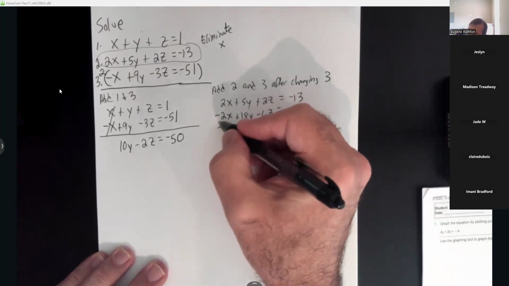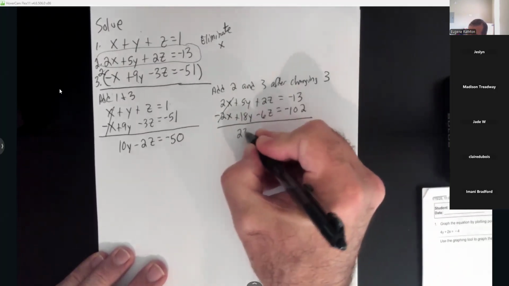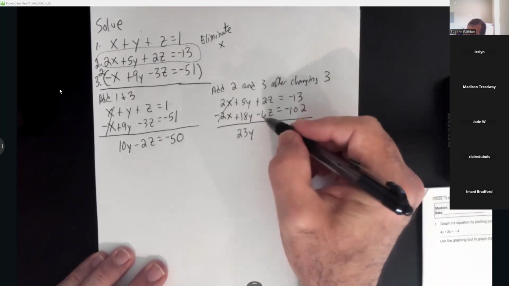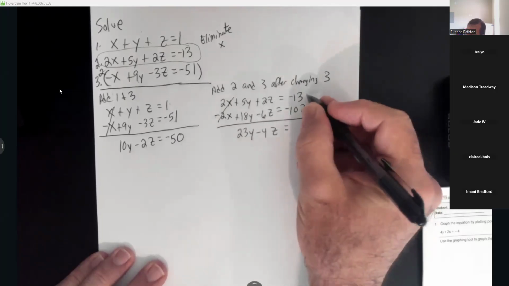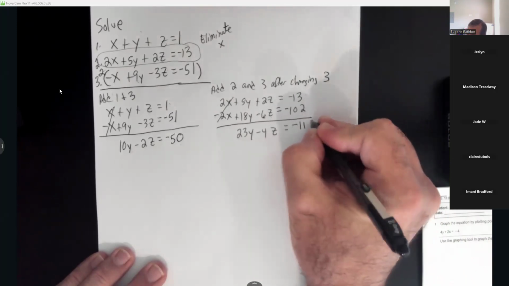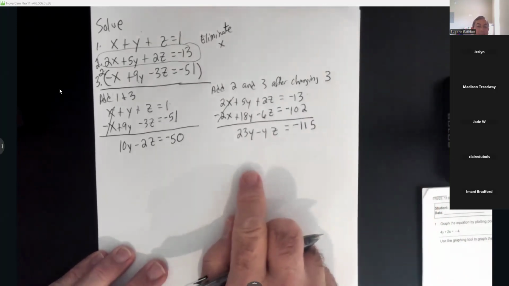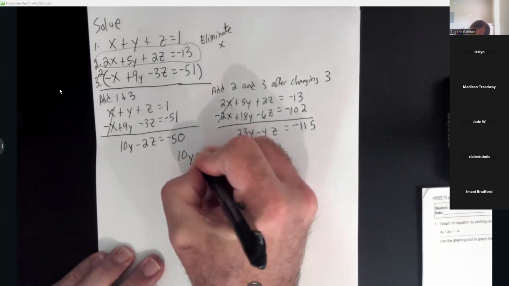Because y'all look here, the x's cancel again. 5 and 18 give me 23y. 2 minus 6 give me negative 4z. And then negative 13 and negative 102 give me a negative 115. So those now will make my next system of equations.